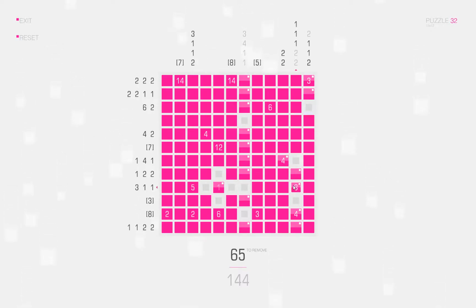These cannot connect. The 3 cannot connect with the 4, so we disconnect them. 2 and 2 cannot connect, because then they become 3. And the same, 2 and 6 cannot connect. And 2 and 5 cannot connect.